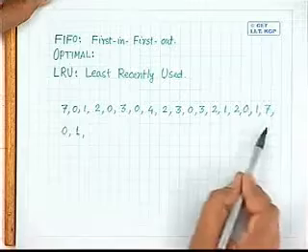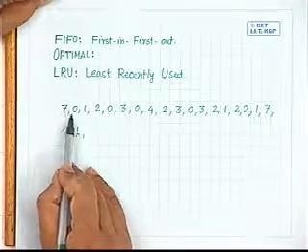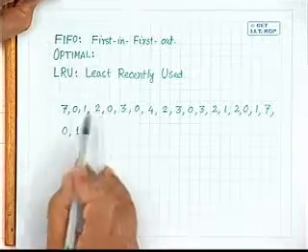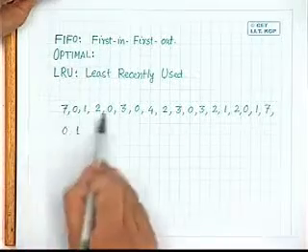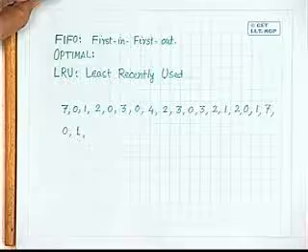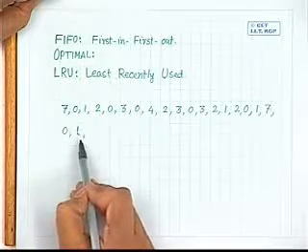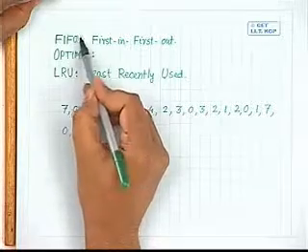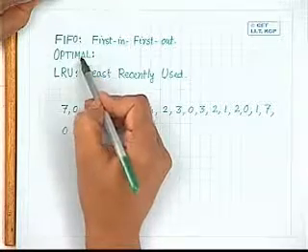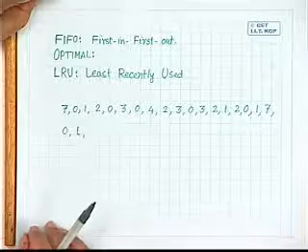So these are the page numbers which are referred by some program, by some user process in this sequence. And we'll see the performance of different page replacement techniques with the help of these three replacement techniques: first in, first out, optimal and LRU.